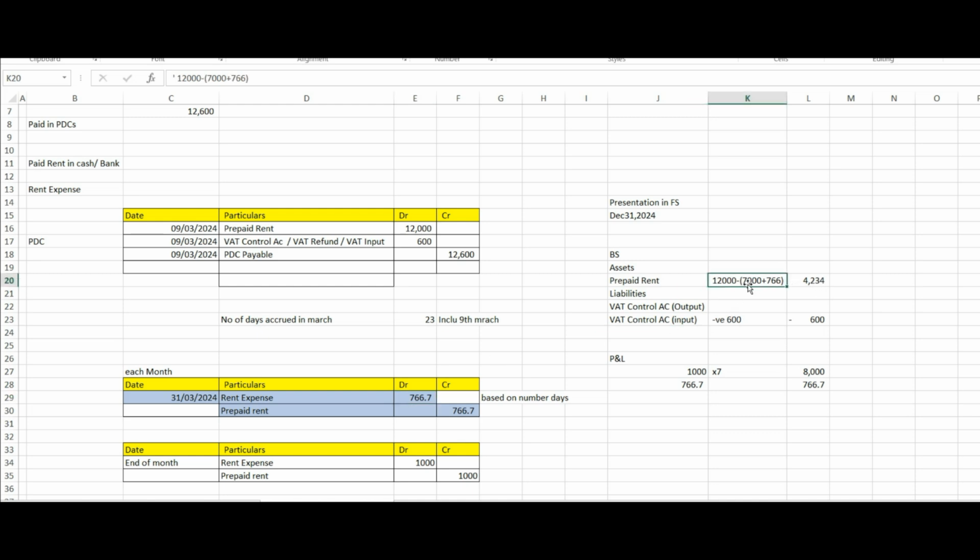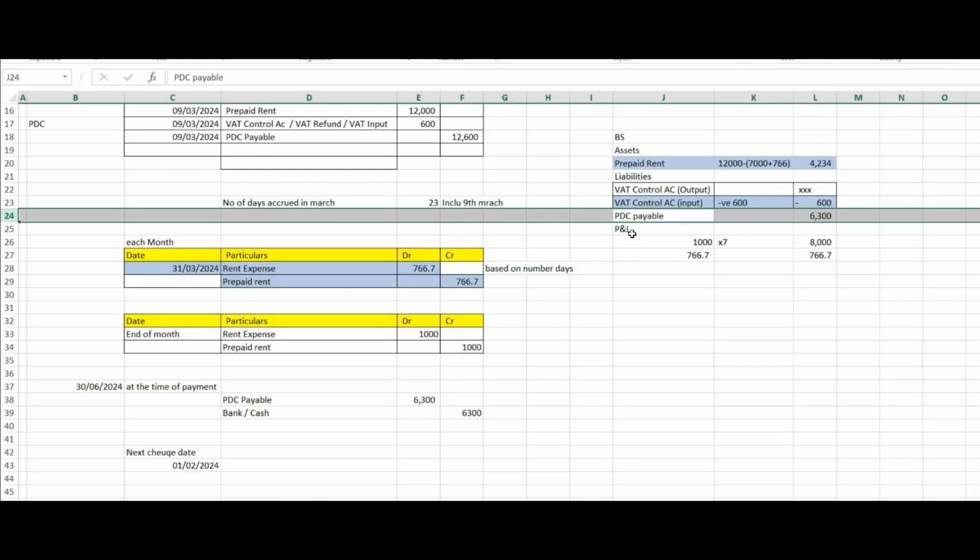So 12,000 minus 7,000 minus 766, the amount would be 4,234 as far as prepaid rent is concerned. Again, VAT control account minus 600 unless you have a balance in VAT output, in which case it will be adjusted with that. And PDC payable would be okay.